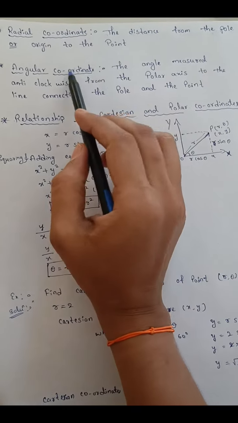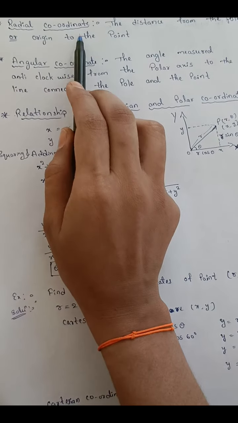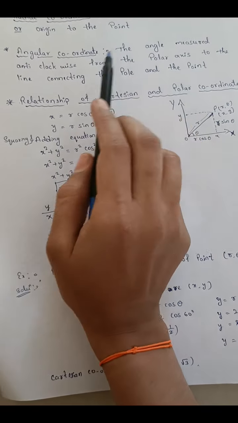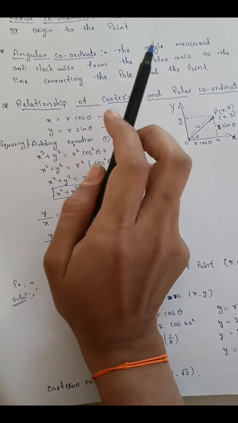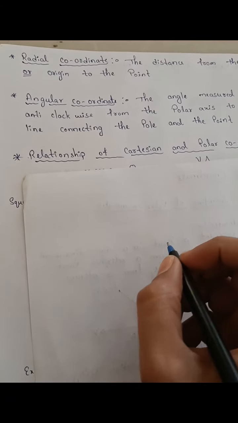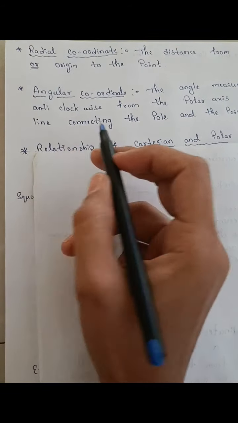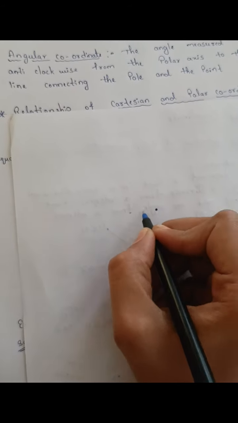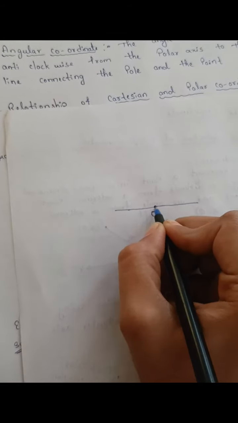From the pole or origin to the point P. This is called the radial coordinate. Then the angular coordinate is the angle measured anti-clockwise. Anti-clockwise means positive, and clockwise means a negative angle. See the diagram of the radial coordinate and angular coordinate. Here is the pole or origin O. Then the polar axis.